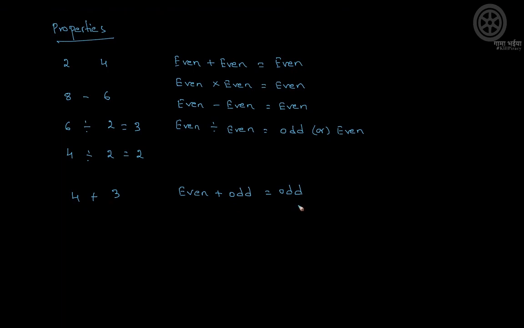Even plus odd is always odd. If I multiply one even and one odd, I get 12. Is 12 even or odd? Even multiplied by odd gives even, right? Even into odd is always even.